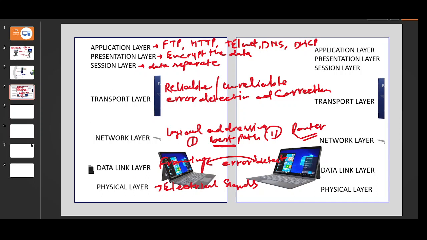Now what do you think about these layers? We will tell you in detail. Now here data comes. This device wants to access this device, wants to communicate with this device, so it generates data. First it generates data at which layer? Application. Data is generated. That data is known as PDU, protocol data unit. Here the data is encrypted.